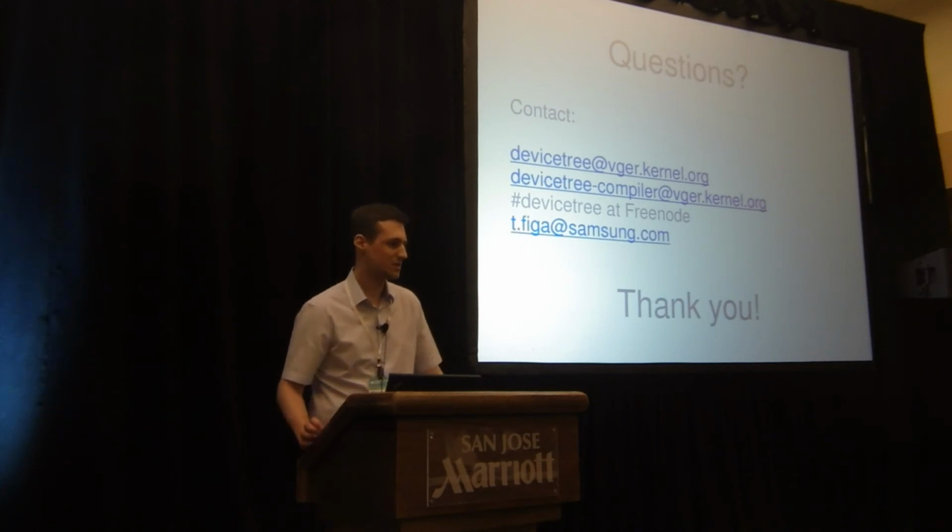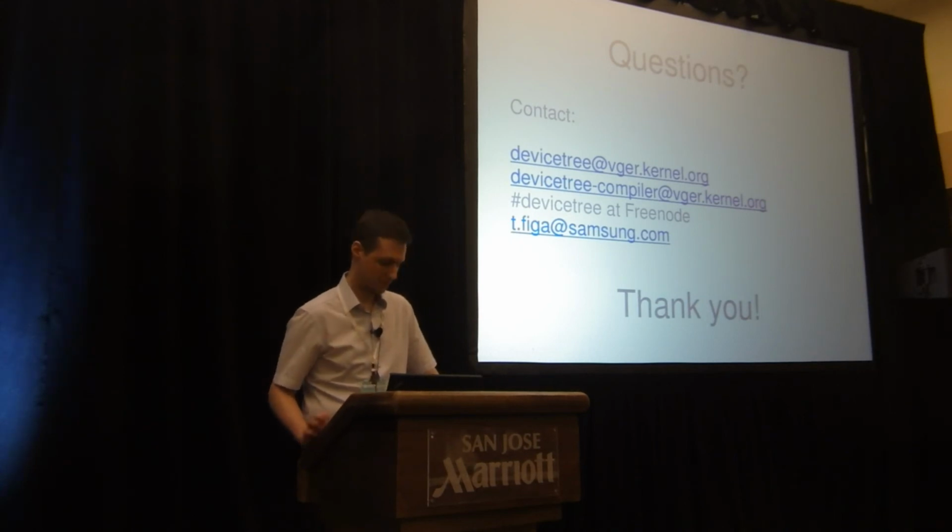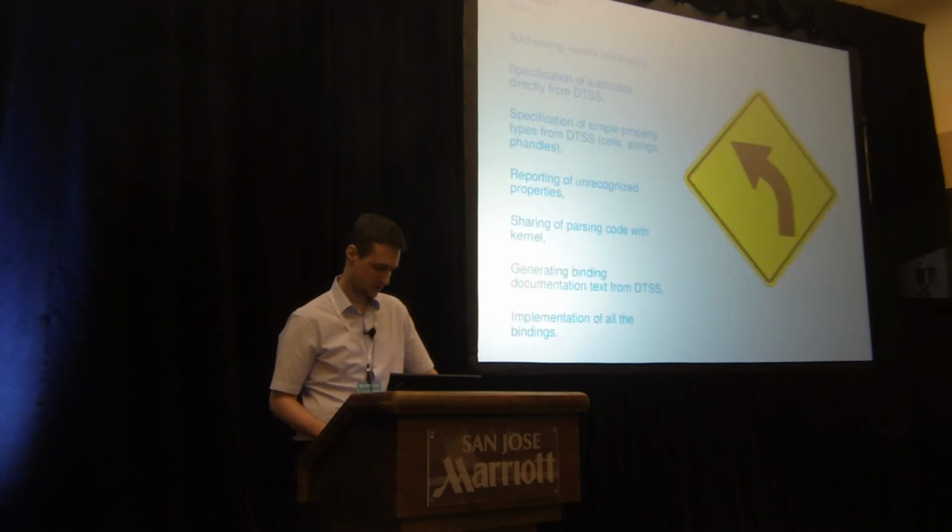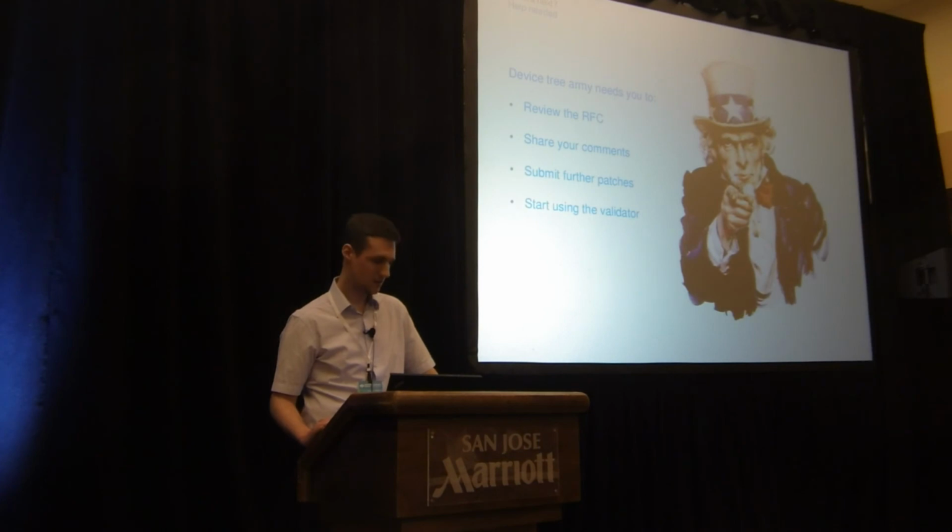Okay, you have your question. On the previous slide, you suggested to try your tool. There was an answer already that you don't have a Git tree anywhere, so it's only by writing to you and you provide a link?